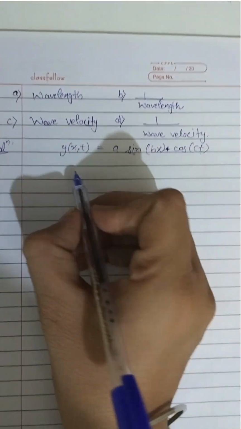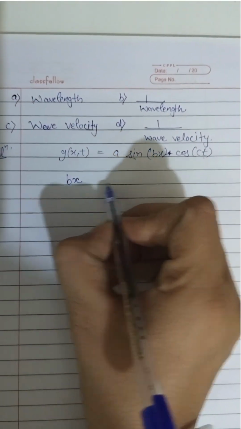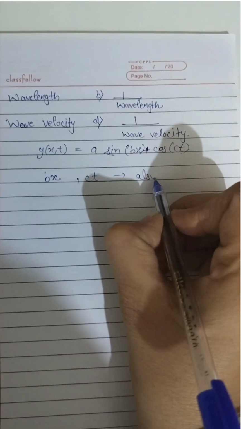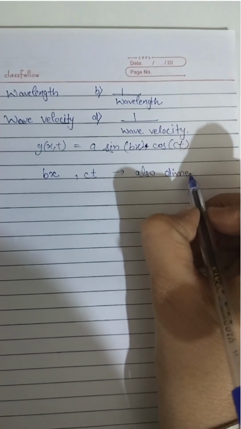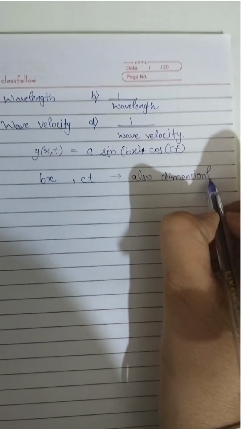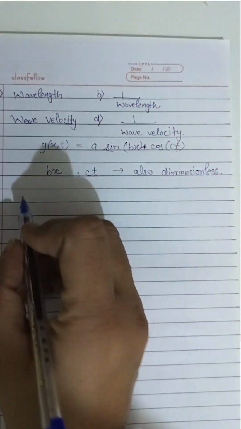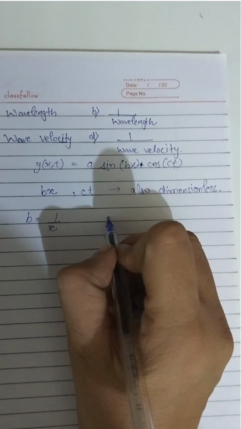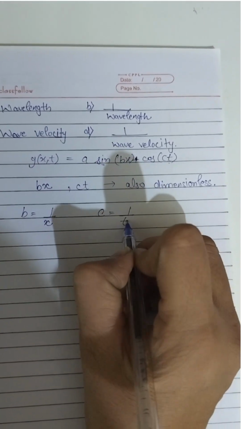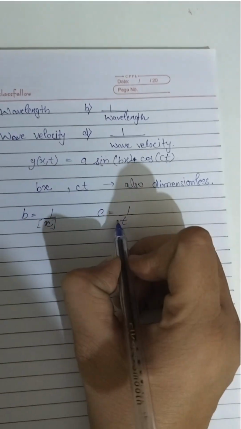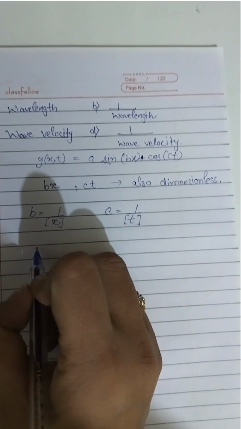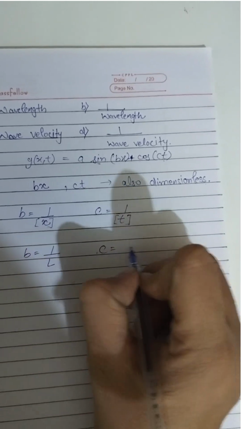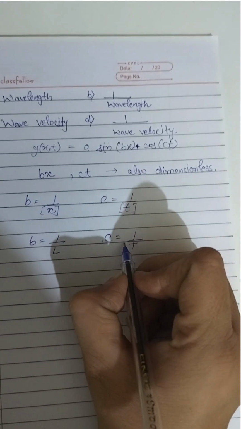So the values of bx and ct are also dimensionless. Here b is equal to 1 by x and c is equal to 1 by t, where x is the form of length and t is time. So b is equal to 1 by L and c is equal to 1 by t.